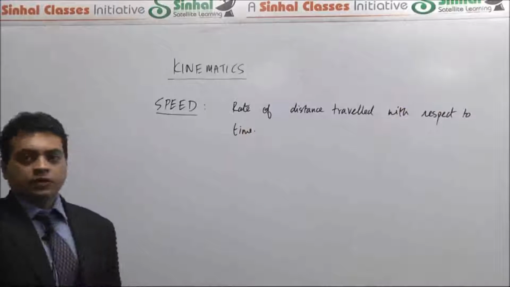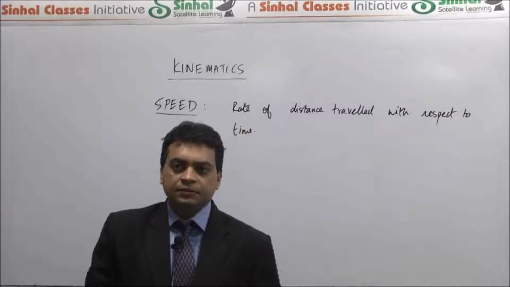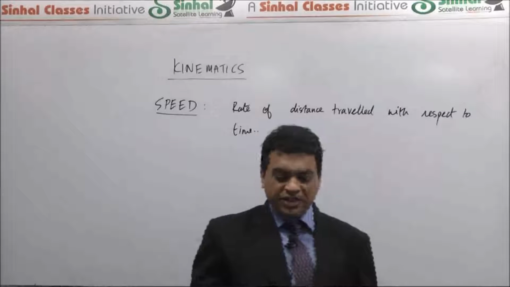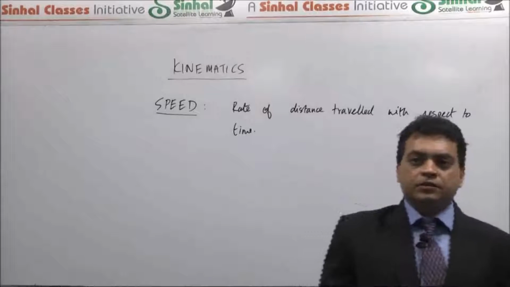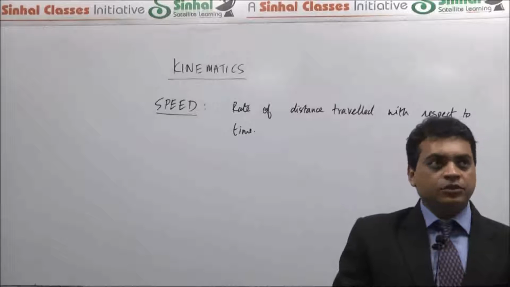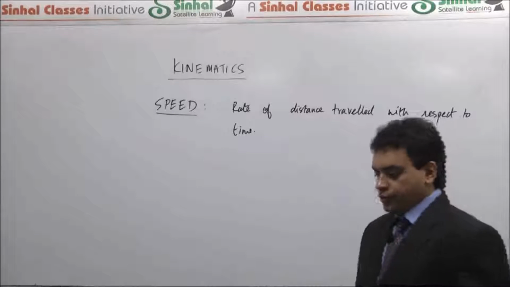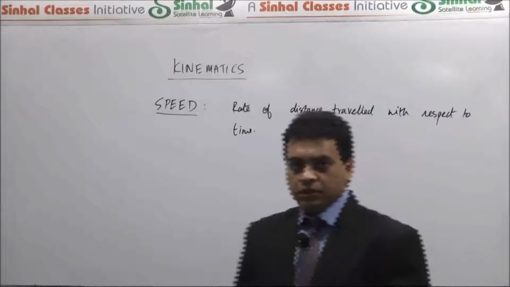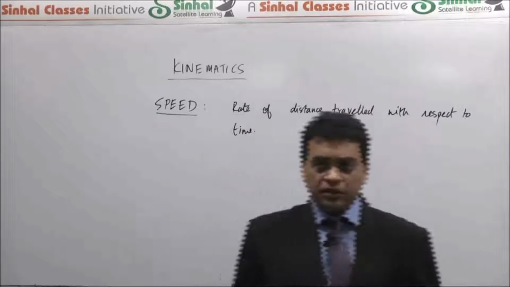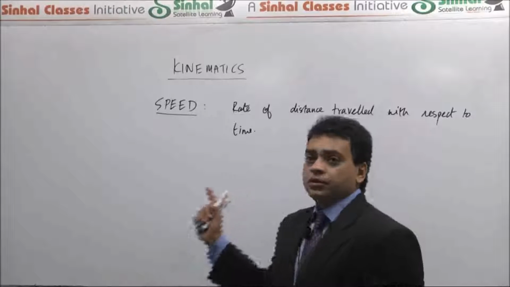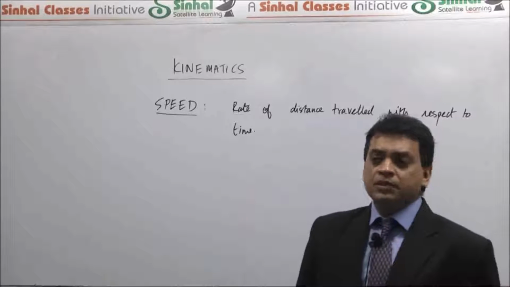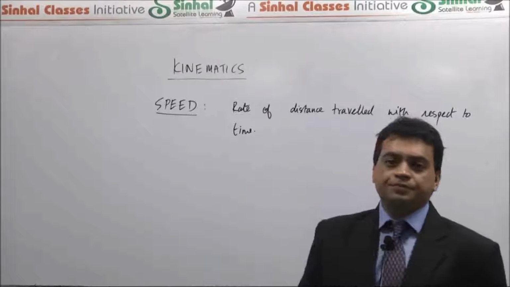Now, obviously, when we are talking about the rate of distance traveled with time, we are talking in terms of rate of change. And as we have explored in the subject of calculus, rate of change of essentially a function, where in this case we're talking about speed being the rate of distance with respect to time.